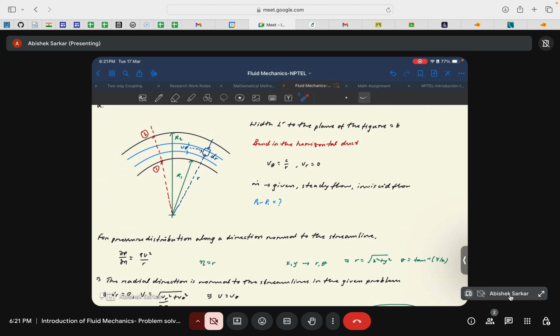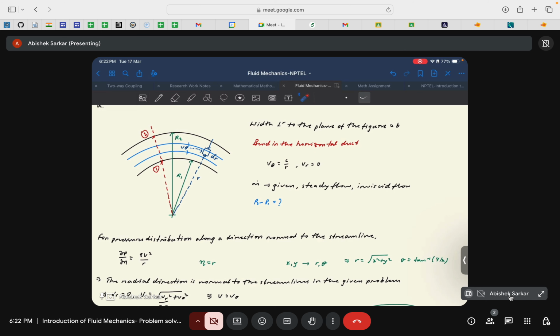Plus, this is for incompressible flow, so your density is also considered constant, ρ equal to constant. So three conditions are now satisfied: the flow is steady, inviscid, and incompressible with constant density.